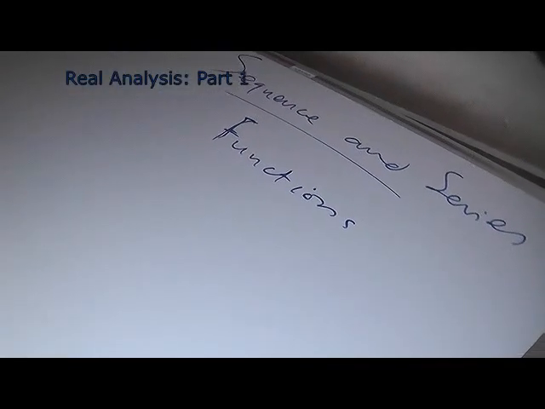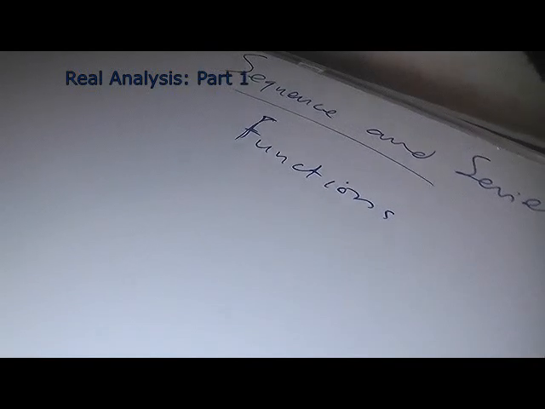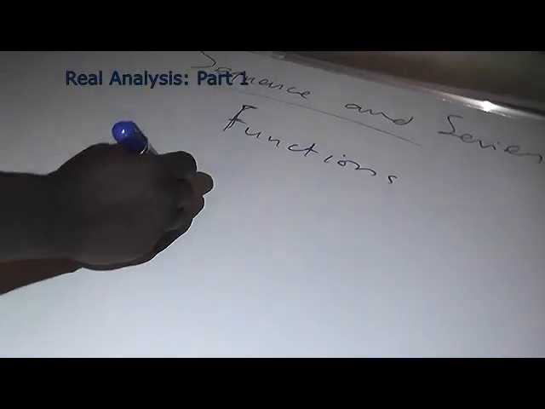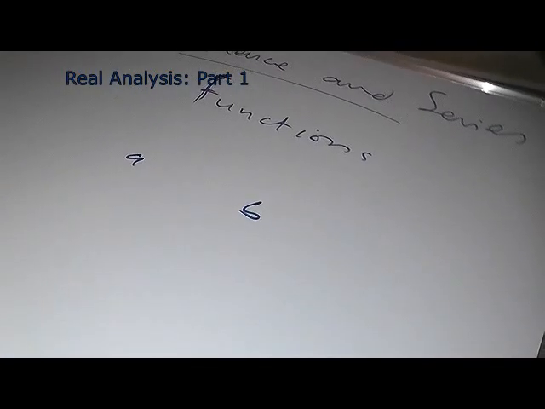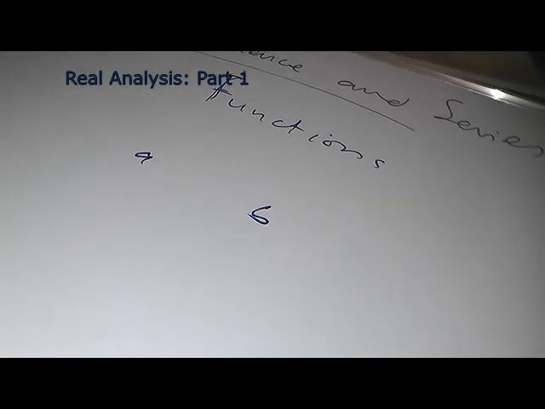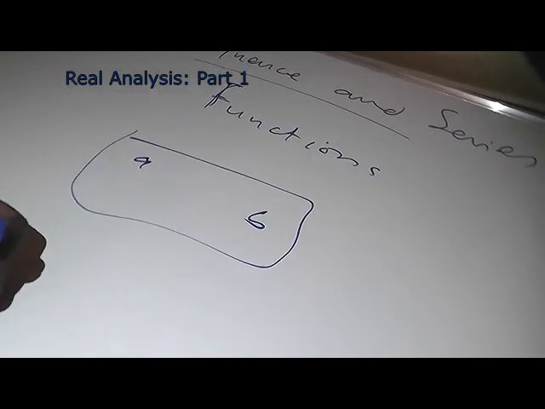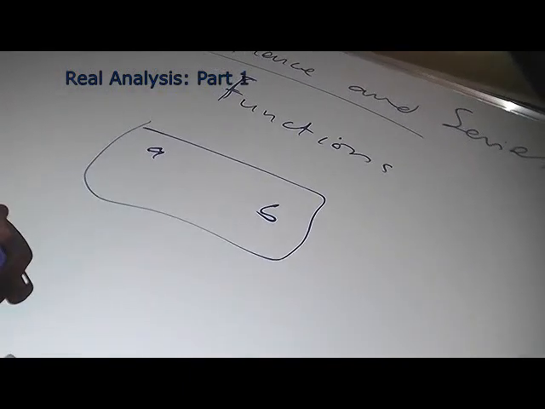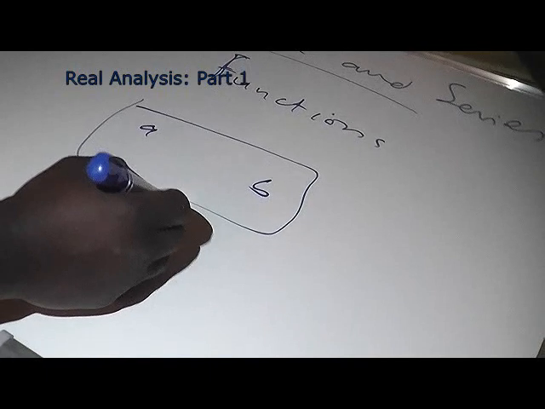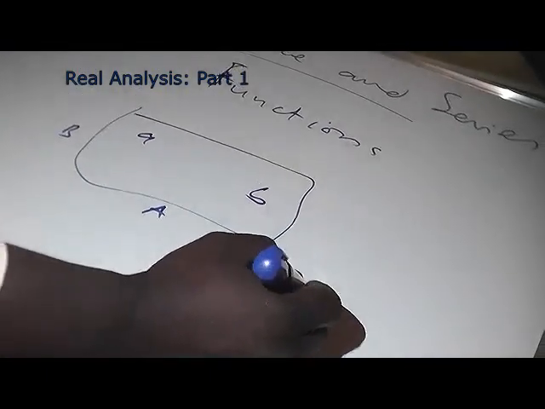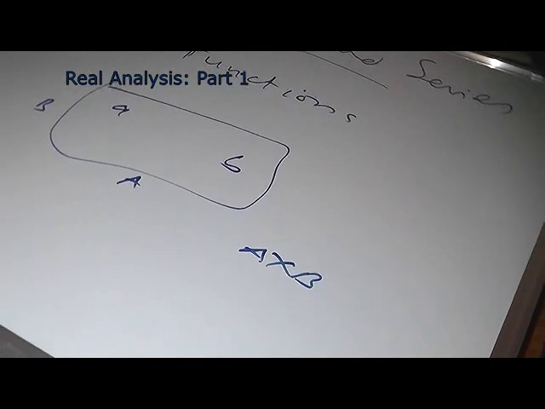Relations, mappings, and functions. In mathematics, for two objects to be connected, we need a box. For two items to be connected, we need a box. That box has a length and breadth, which is length times breadth as the area.